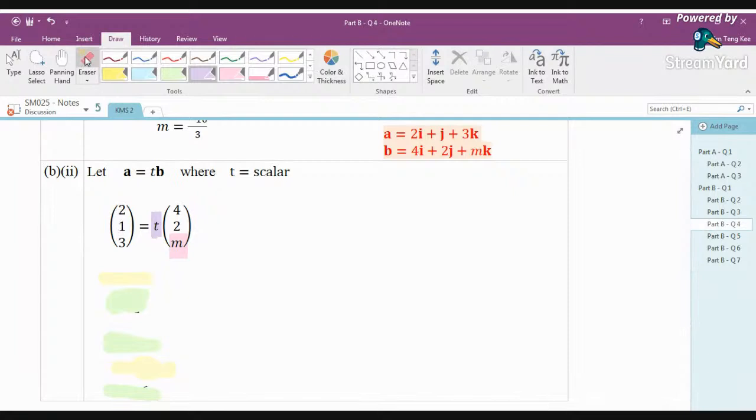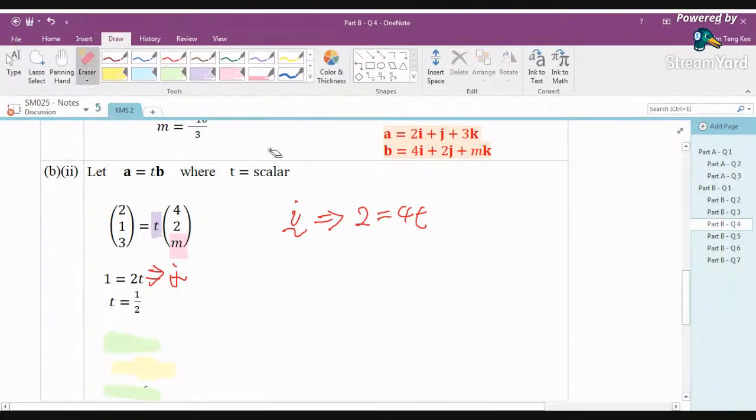I will refer to component j, where I have 1 equals to t multiplied by 2, so 1 equals to 2t. Of course, if you compare using component i, you will get the same result again. This one is referred to component j. If you make use of component i, it will give us 2 equals to 4t. And at last, they will give the same result, t equals to 1 over 2.